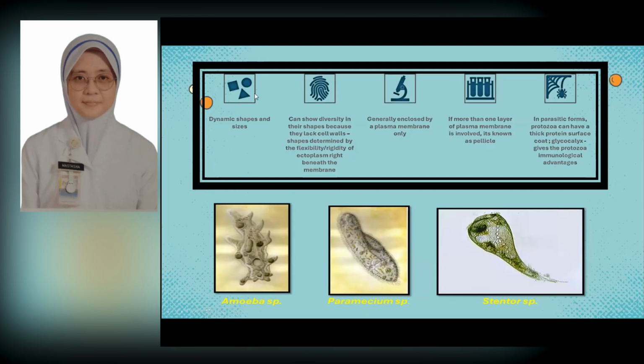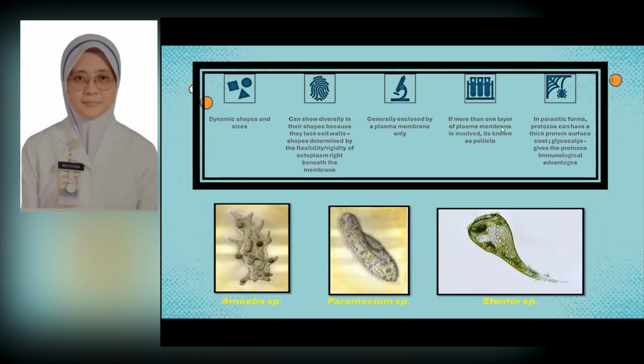Okay. Next slide. For the shape, protozoa have a dynamic shape and size, and they show diversity in their shapes because they lack cell walls. So the shape is determined by the flexibility and rigidity of their ectoplasm right beneath the membrane. Protozoa are generally enclosed by a plasma membrane only.